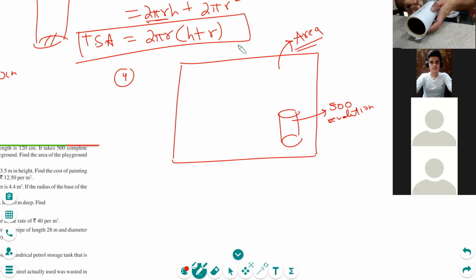Now I'm going to roll it. The problem is I don't have the right size. It's quite tedious to do such things. So now I'm going to roll.